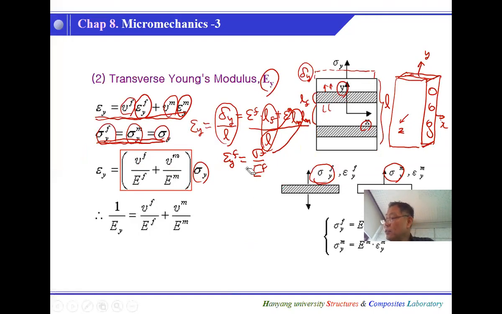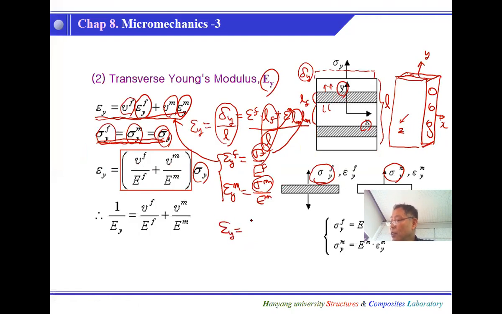I can rewrite, and EYM will be the matrix, and sigma M. We put this equation to here, and considering this one and that is the same as sigma y, and we get this one, right? Okay, and by definition of EY and EY, we have definitions like that.